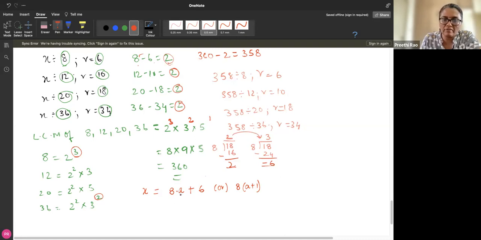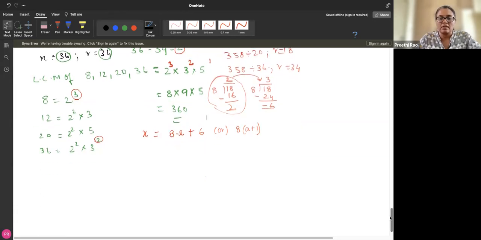So if I do the regular division algorithm, my remainder is 6. But if I go to the next quotient, what will be my remainder? I'm already 6 short. Let's take a number. Let's say 16 is divisible by 8, isn't it? Let's say 22.